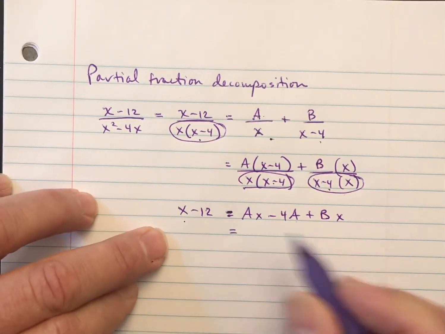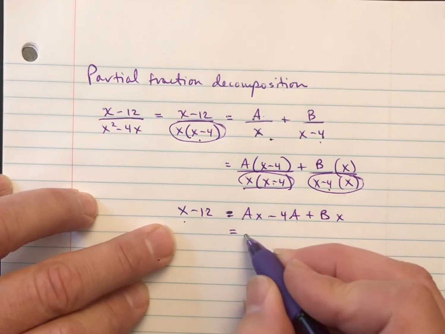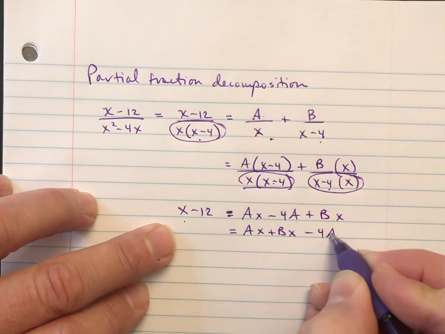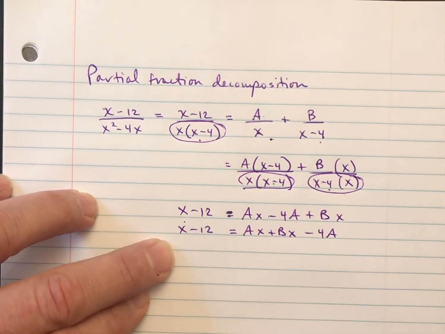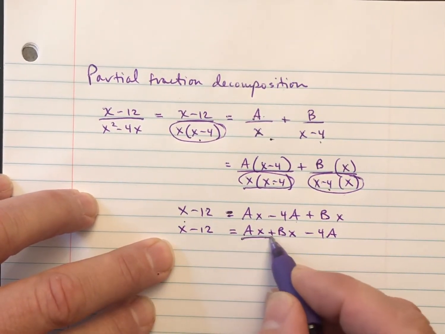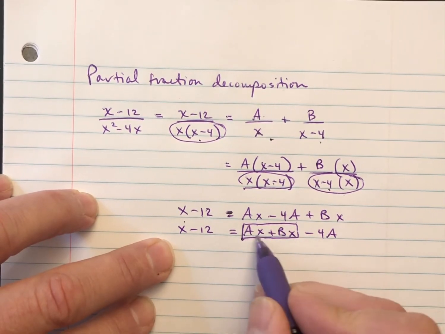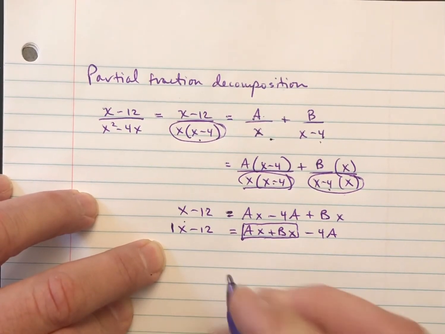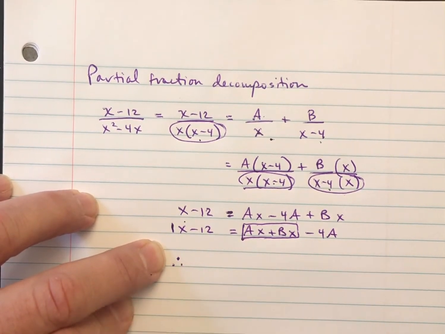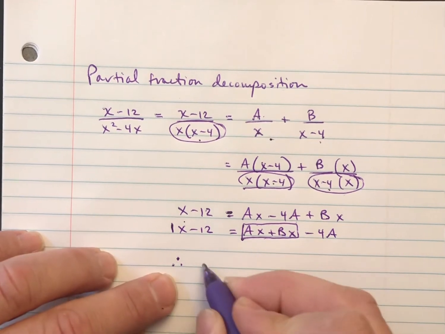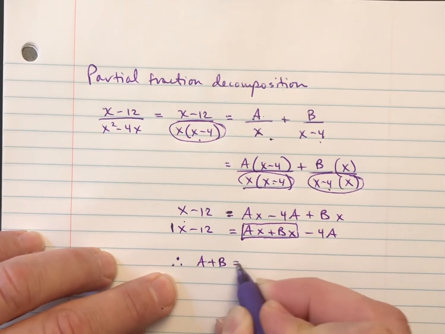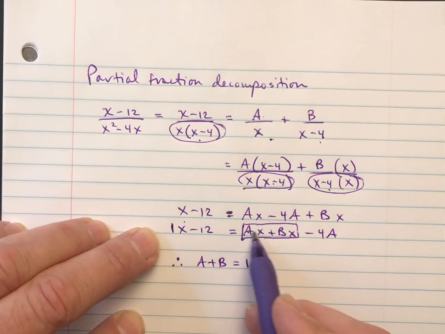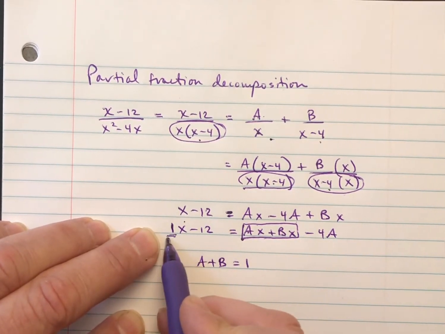It's kind of like balancing an equation like you did in chemistry. We have ax plus bx minus 4a equals x minus 12. So notice that these two together, ax plus bx, have to equal 1x. So that means, therefore, a plus b has to be equal to 1, because these two coefficients of the x have to add up to 1.